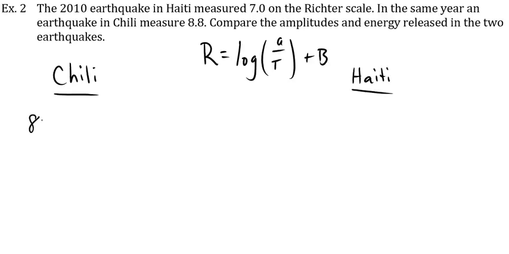Chile was 8.8 equals. And Haiti is 7.0 equals. Okay, so go ahead and try to rearrange. This one's a little bit different. The other one had a times 10. We were multiplying. This one's a bit different, but otherwise pretty similar.